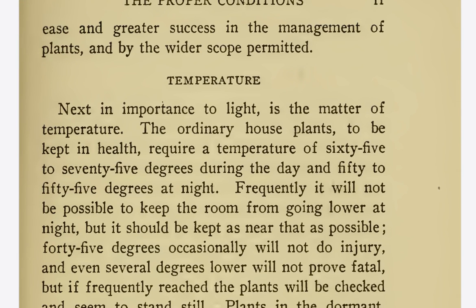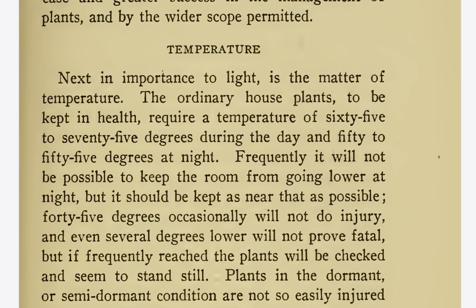Temperature. Next in importance to light is the matter of temperature. The ordinary house plants, to be kept in health, require a temperature of 65 to 75 degrees during the day and 50 to 55 degrees at night.